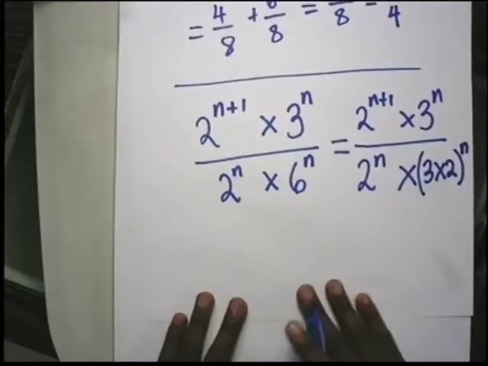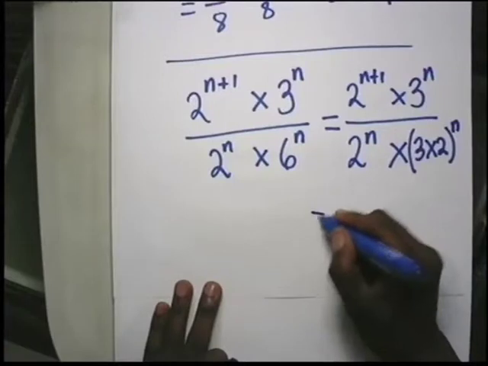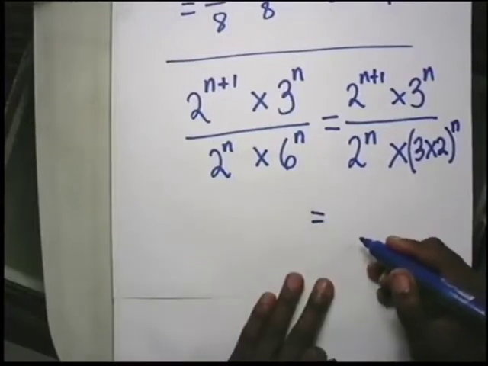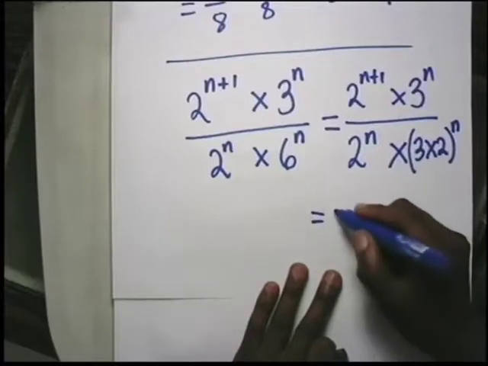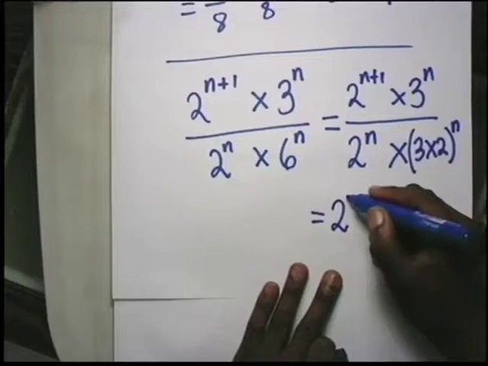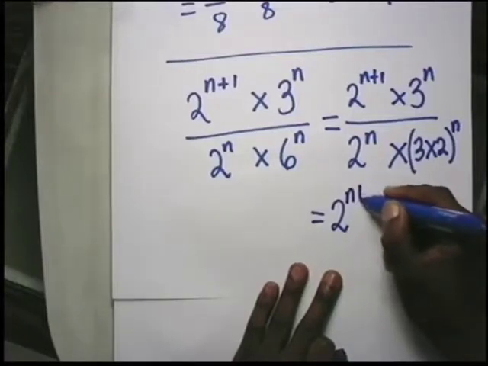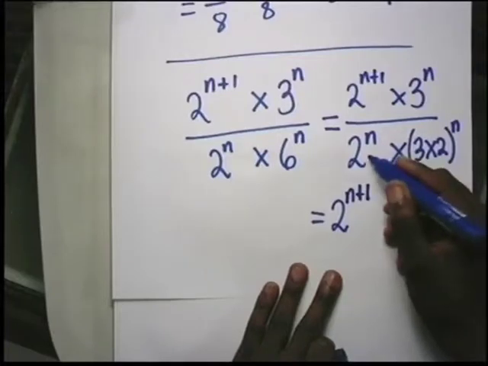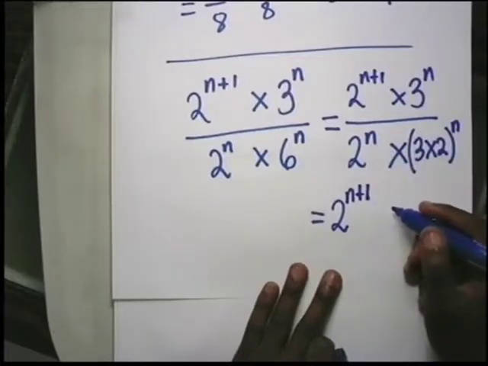So then the next step will be to apply indices laws. So you write the base as it is, which is 2, and then on the numerator you have 2 to the power of n plus 1. Now how do you get rid of the 2 that is written there as a denominator?